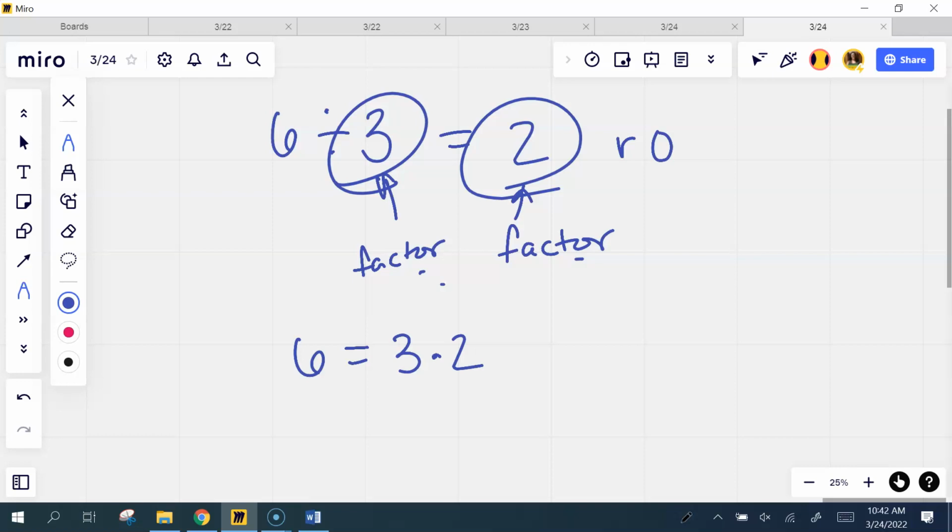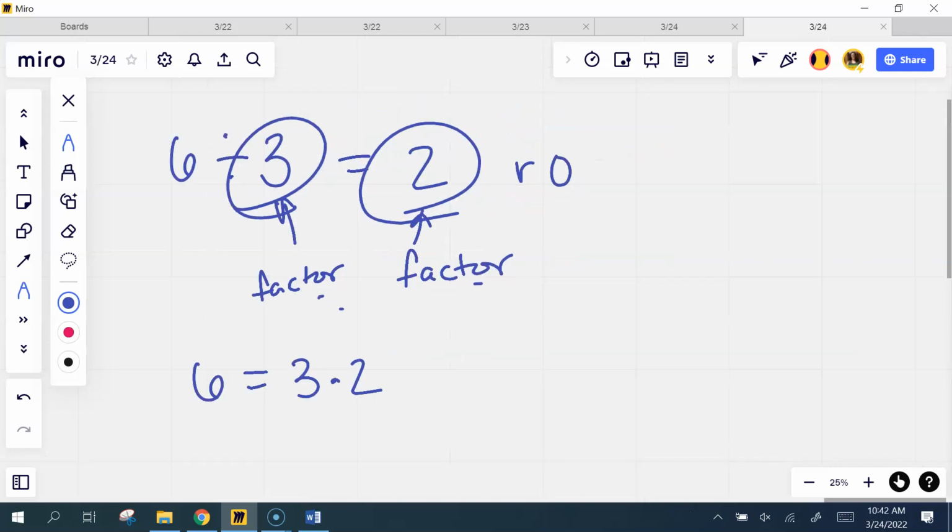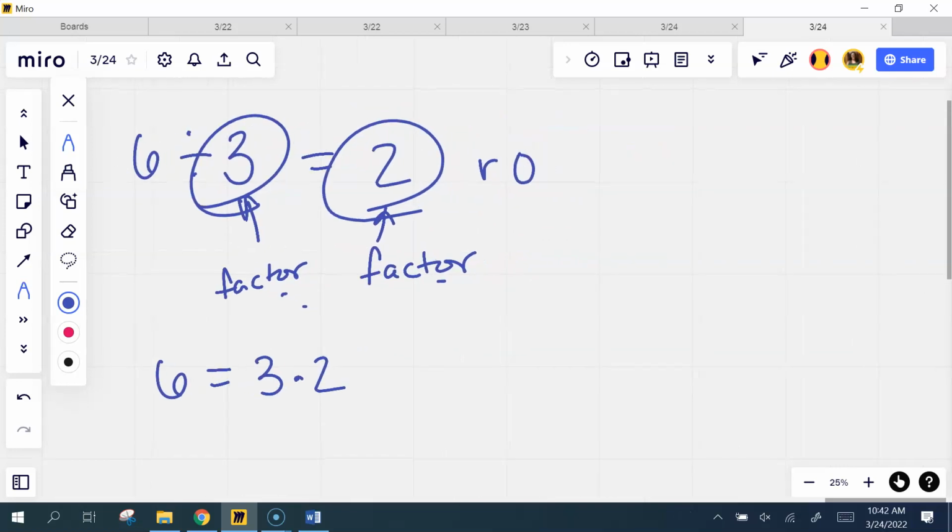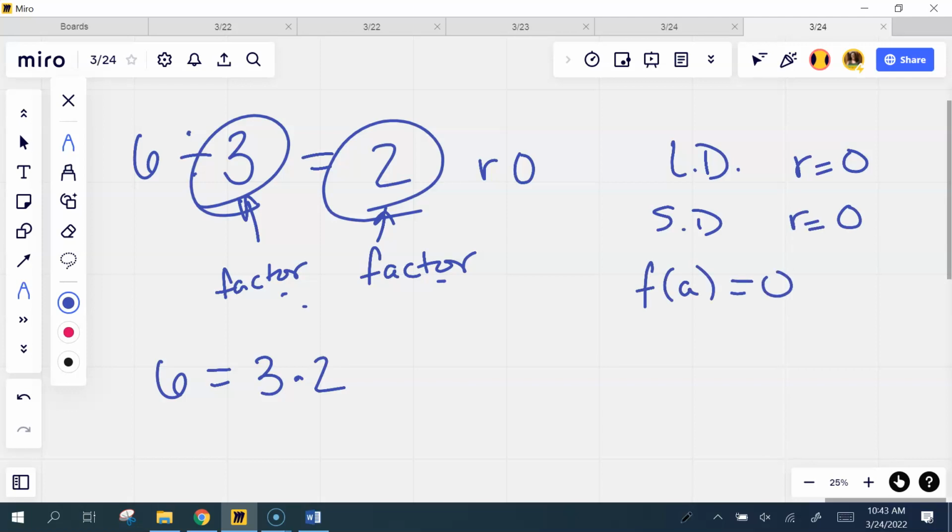Long division, remainder 0. Or plugging it in and getting 0.